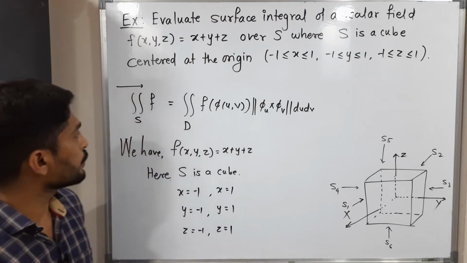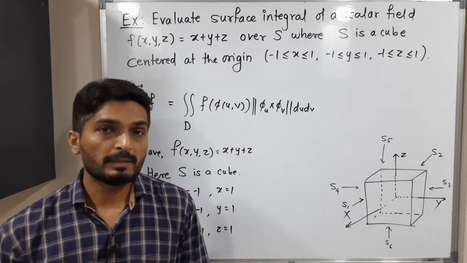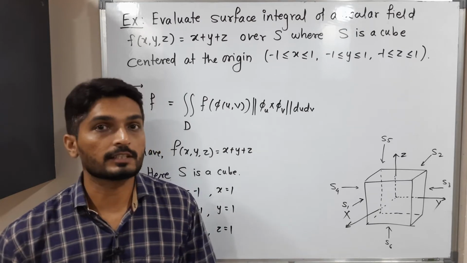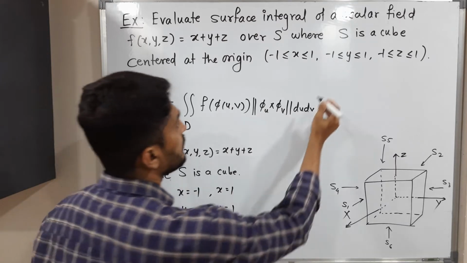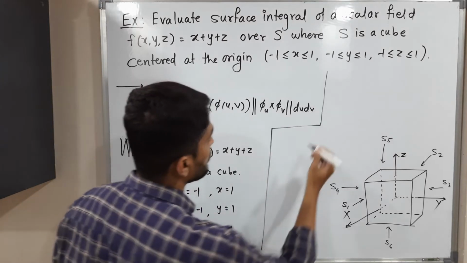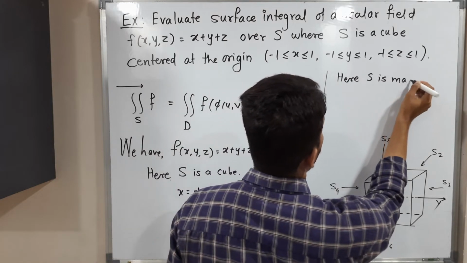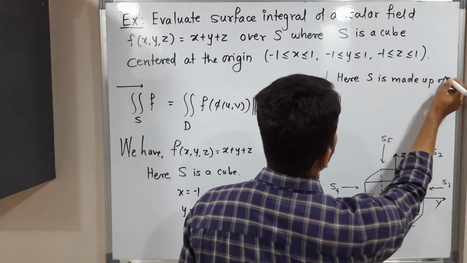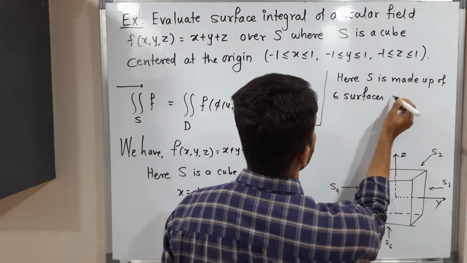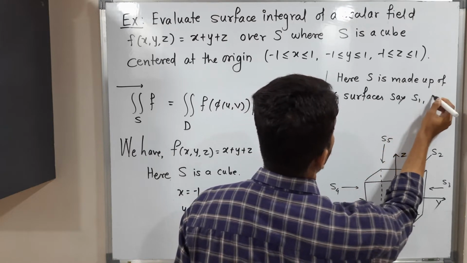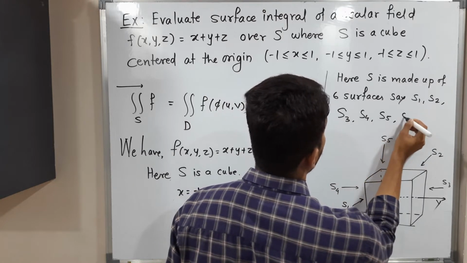So here we have to solve the surface integral of a scalar field over S. But see, S is made up of 6 different surfaces, S1, S2, S3, S4, S5 and S6. So let me mention here, S is made up of 6 surfaces, say S1, S2, S3, S4, S5 and S6.